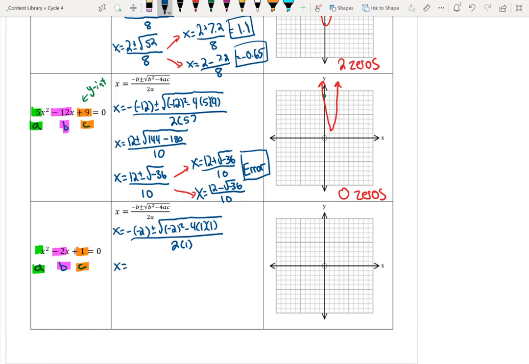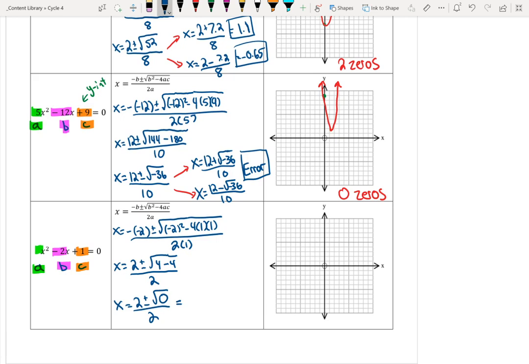Get x equals, and now we're just going to simplify, so 2 plus or minus 4 minus 4, all divided by 2. If I simplify, x equals 2 plus or minus the square root of 0 divided by 2.